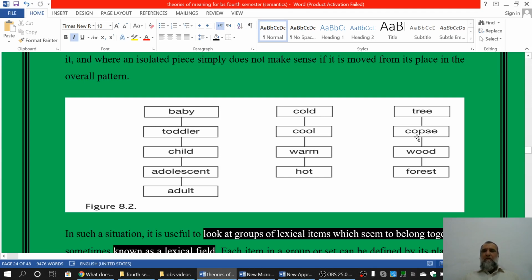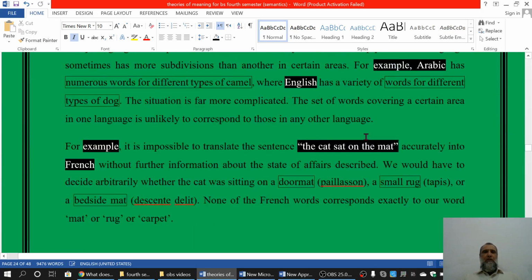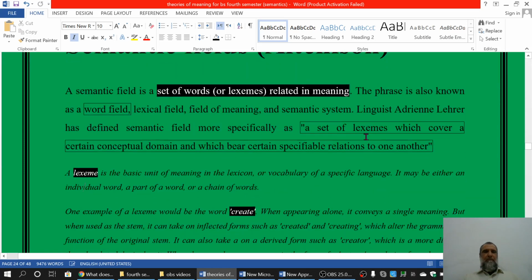Tree, copse, which means group of trees, and wood, forest, all these are related once again. This whole group is related, and you can define one with reference to the other. It gives you a kind of context. So coming back to the definition, a semantic field is a set of words related in meaning. All these words were related in meanings, and therefore we refer to them as a semantic field. They form a semantic field.